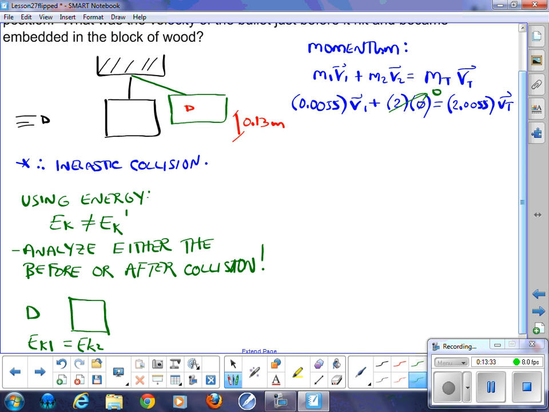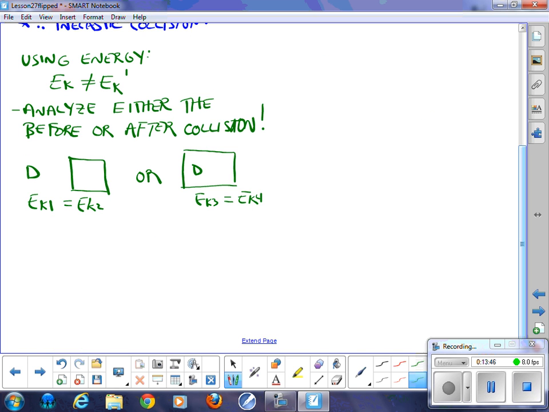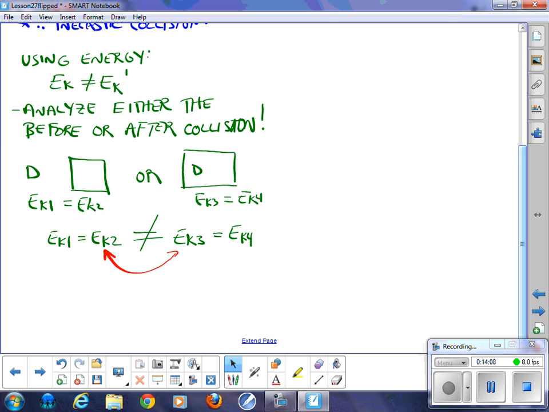All right, or the bullet inside the block, afterwards, EK3 would equal EK4. However, EK1, which is equal to EK2, is not equal to the after situation. All right, so you can analyze prior to the collision or you can analyze after the collision. You just can't take those energies across the border. You can't do it saying before is equal to the after.